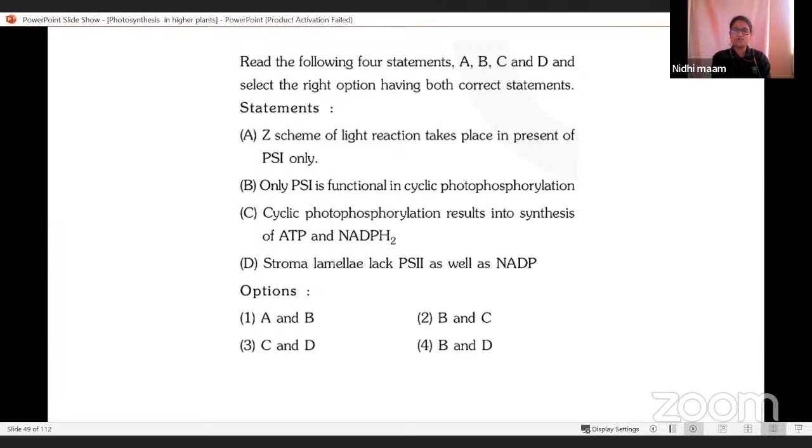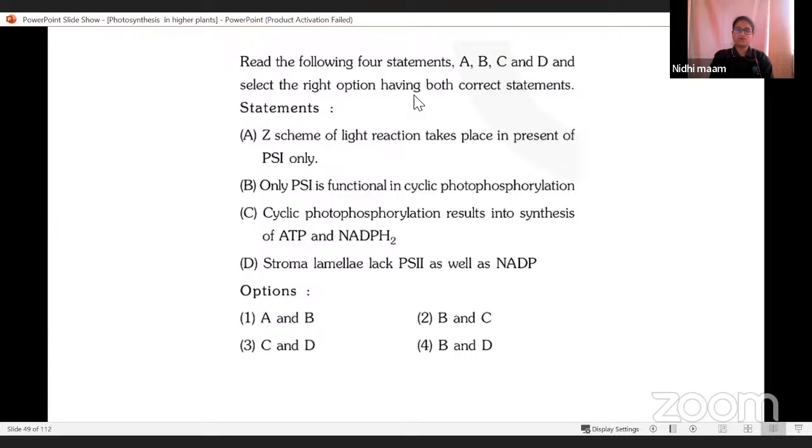C, cyclic photophosphorylation results in synthesis of ATP and NADPH2. D, stromal lamellae lack PS2 as well as NADP reductase. Options: 1, A and B; 2, B and C; 3, C and D; 4, B and D.